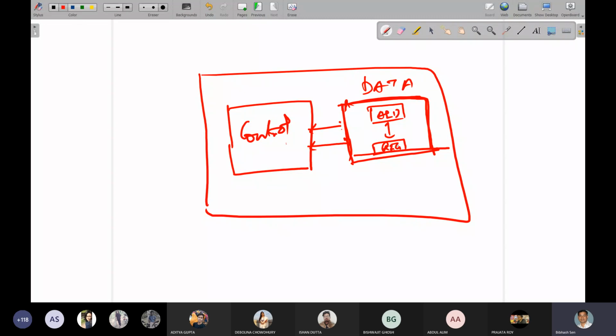And in the case of the control unit, you will find one control unit, and the control unit is always influenced by two special registers. One is the instruction register, one is the PC. Apart from this, so many registers are there, but I am just specifying the program counter and instruction register. And those are all directly involved with our memory.